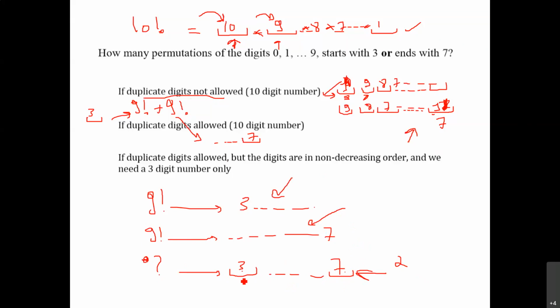I fixed 3 here and 7 here. What are the possibilities for my 8 remaining digits? 8 times 7 times 6, all the way to 1. Same as before with 9 factorial, but now 2 spots are taken. And we get 9 factorial plus 9 factorial minus 8 factorial.